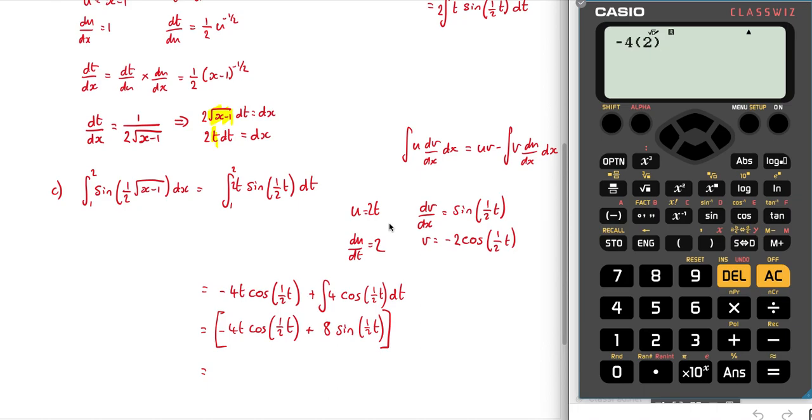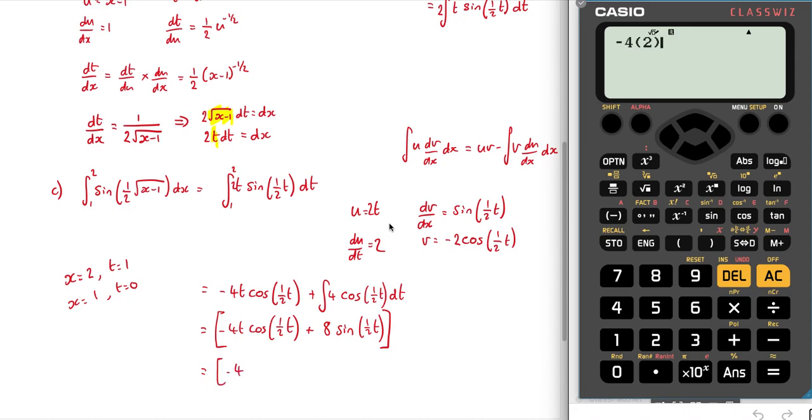Easy peasy then. So new limits: if x equals 2, t equals 2 minus 1 is 1, rooted, t is 1. If x is 1, t is 0. That's nice.